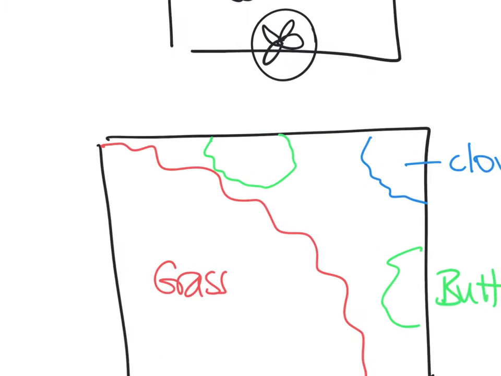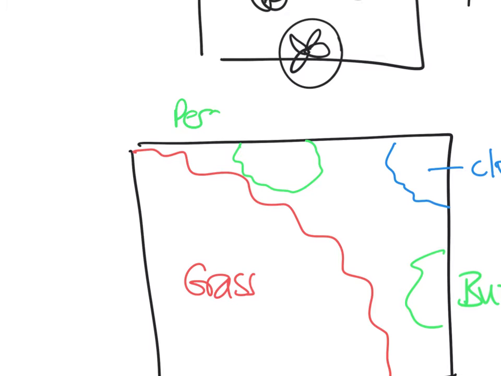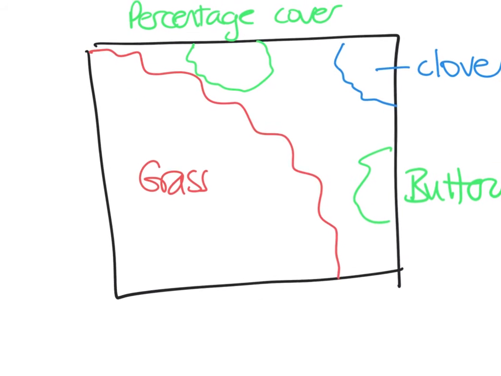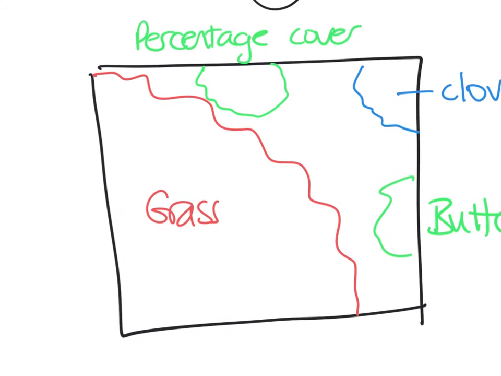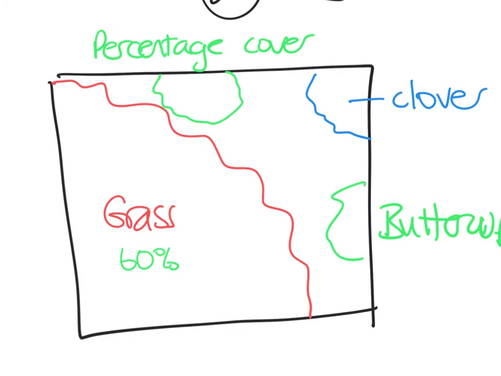So what we do here is we estimate the percentage cover. Roughly, if you look at the grass, Sam, how much do you think of that? 60%. About 60%, so you'd say grass, 60%, clover, 20. I'm not sure that there's 20, because if you divided that up into quarters, a quarter is 25%.